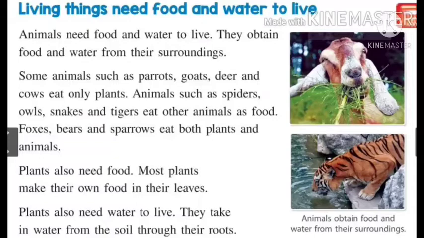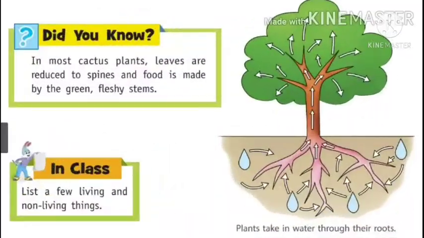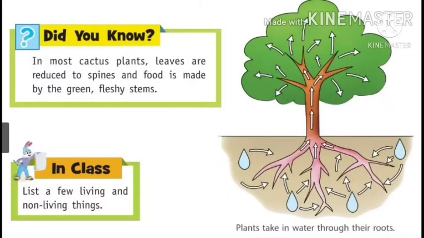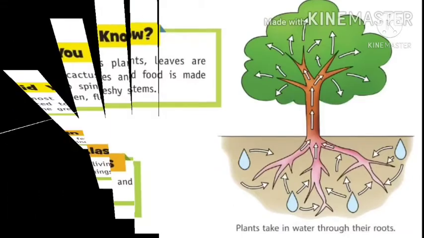Some animals eat only the flesh of other animals, and some eat both plants and the flesh of other animals. Plants can make their own food. Do you know about cactus plants? In most cactus plants, leaves are reduced to spines and food is made by the green fleshy stem. They don't have leaves, that is why they make their food with the help of their stem.